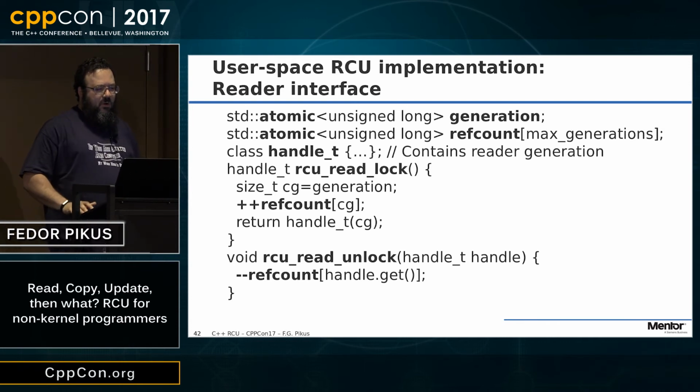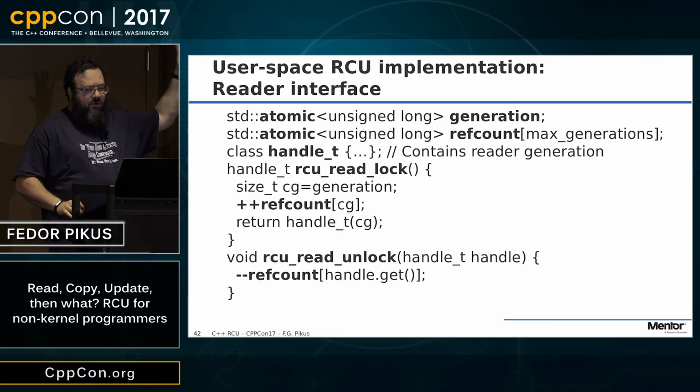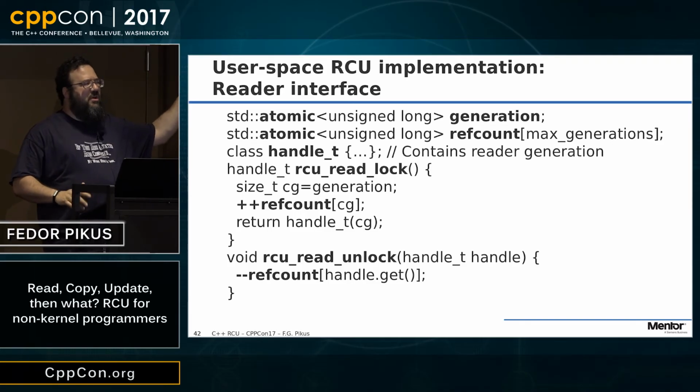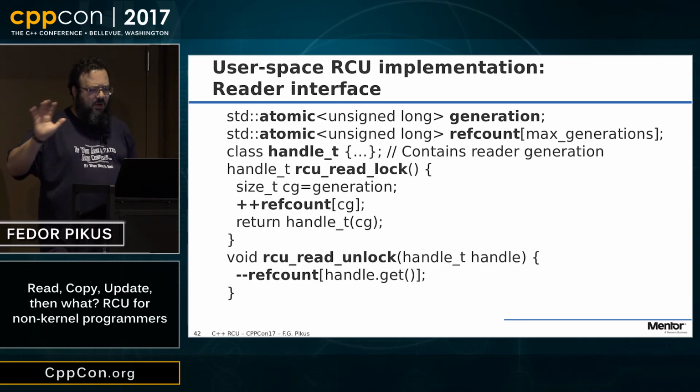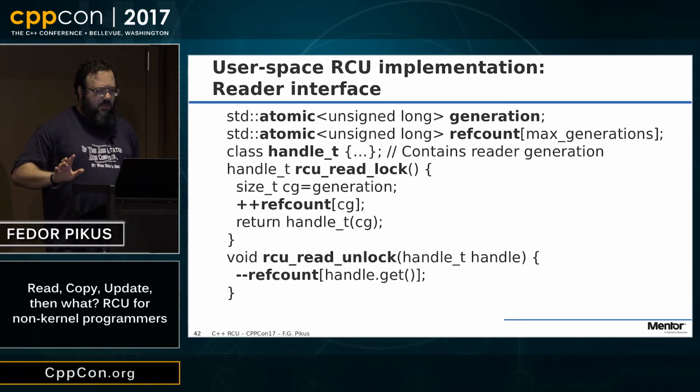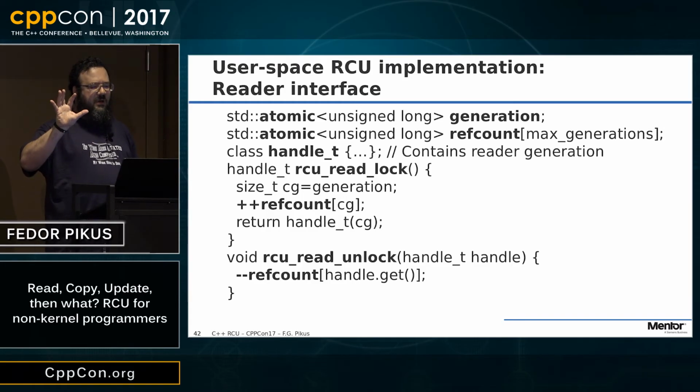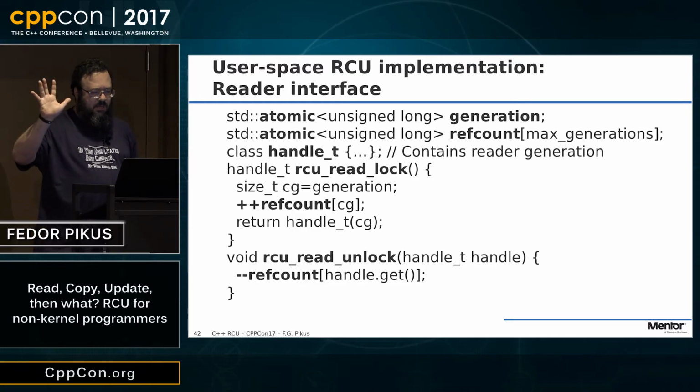Okay, so my global atomic generation. I have an array of atomic reference counts for some maximum number of generations. What that is and how I deal when I overfill the number of generations, again, that comes under the variation subject. So let's for now assume it's large enough, never happens. I have this opaque type called handle. And somewhere inside there is a generation.